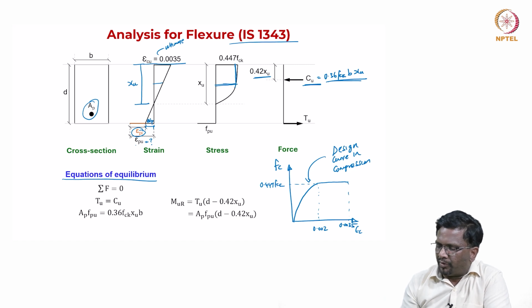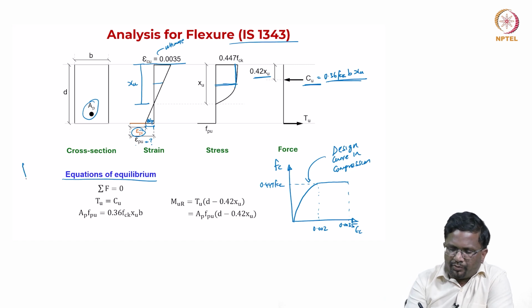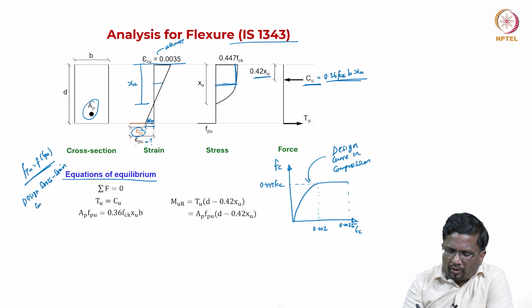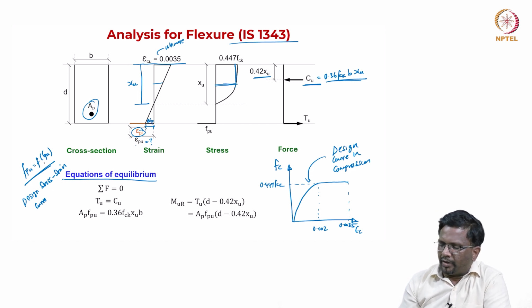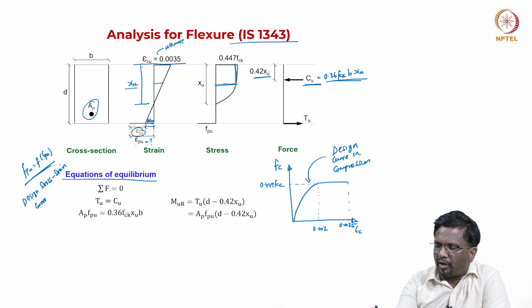Once epsilon PU is known, then the stress FPU is actually a function of your epsilon PU based on the design stress strain curve, that idealized bilinear design stress strain curve that we have discussed in the previous slide.